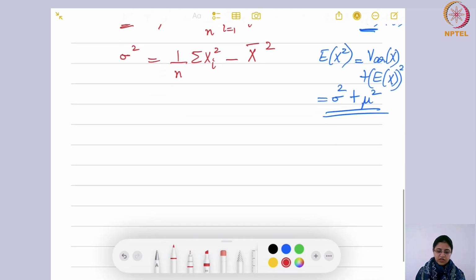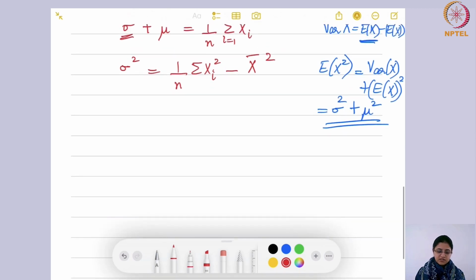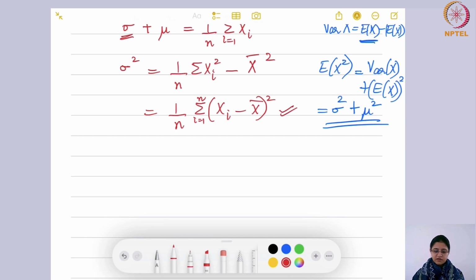Now this is equivalent to saying 1 over n summation xi minus x bar whole square, where i takes values from 1 to n. How are you getting this? If you open this square, let me just write it.